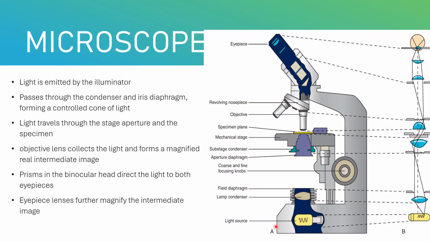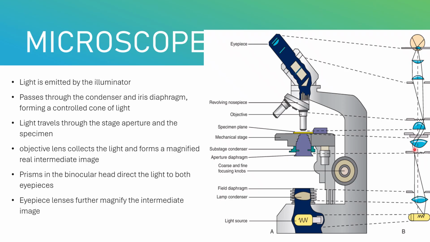Okay, let's take a look again at the path of light in the microscope. Please note again that light is emitted by the illuminator. This light passes through the condenser and iris diaphragm and forms a controlled cone of light.